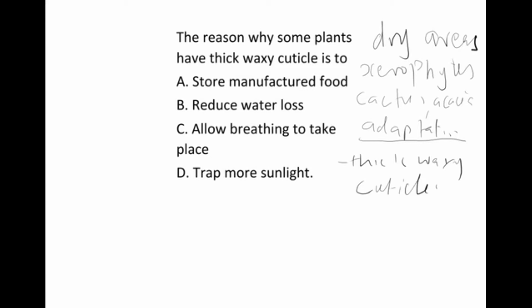This ensures that the leaves of the plant are not exposed to the sunlight. Also, it ensures that the leaves and the stems usually have few stomata that enable the loss of water.